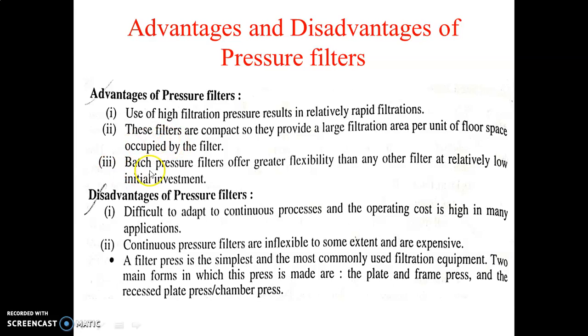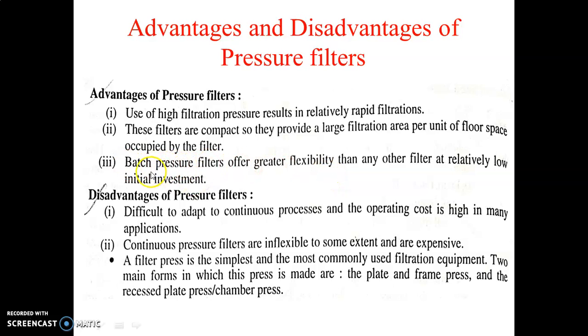And if we use a batch pressure filter, it gives greater flexibility than the other filters, and it has a relatively low initial investment. So what is meant by flexibility? That means the operating conditions: we can change the filtration rate, or we can change the pressure, etc. This is called flexibility.